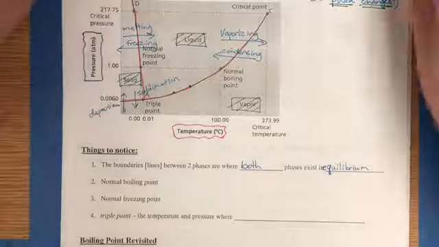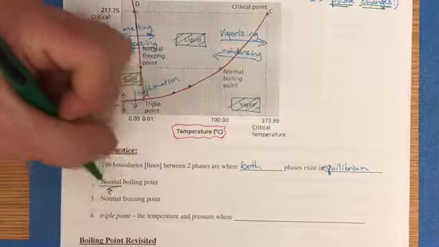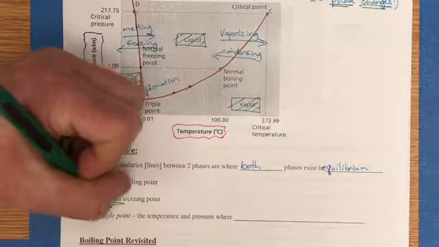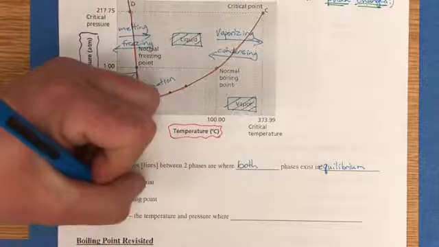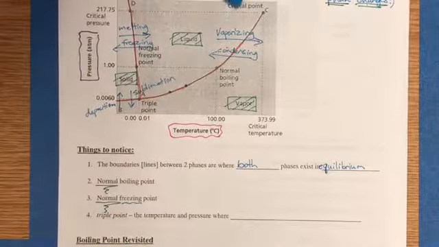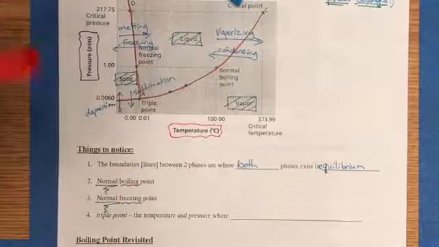So when we say this idea of normal boiling point and normal freezing point, that really means that these points change.